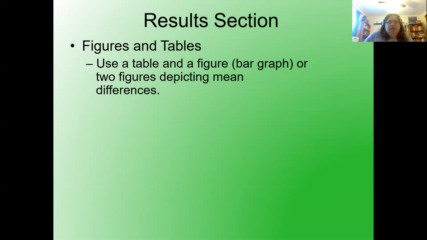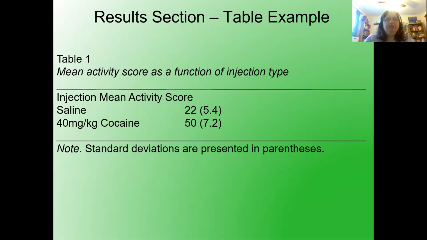Now, I want you to use either a table and a figure, such as a bar graph, or two figures to show off your data. So either way, you're going to do two things. It's either a table and one figure, or two figures. Here's an example of what a table looks like. Mean activity score as a function of injection type.